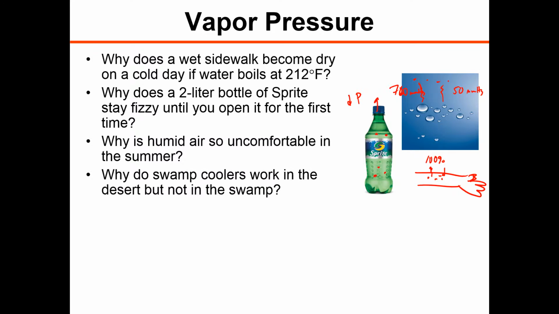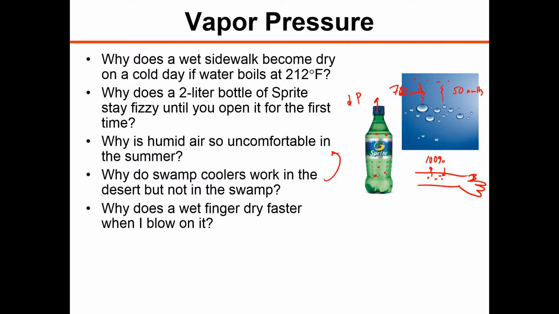And why do swamp coolers work in the desert but not in the swamp? Probably for the same reason as this. And why does a wet finger dry faster when I blow on it? In this case, it's talking about the velocity. So I'm going to draw a finger here. Let's say this finger is wet, has some water on it, and then you blow on it.